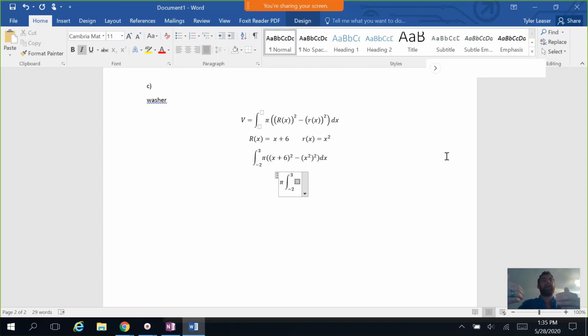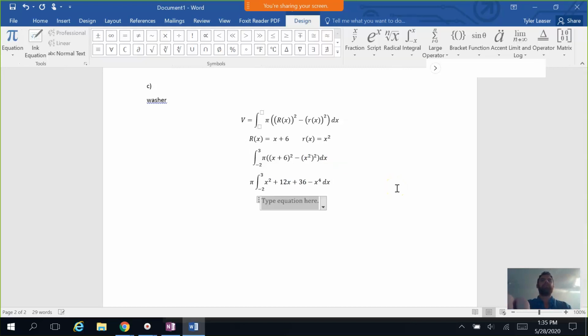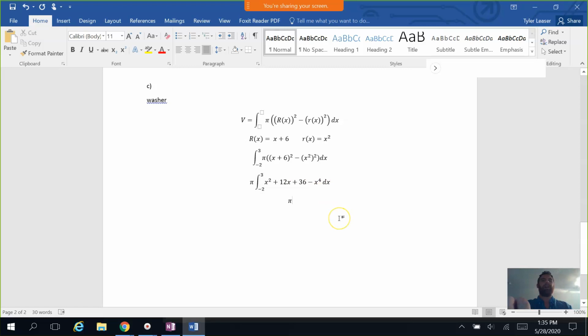So I'm going to pull the pi out of the integral. We're going to square x plus 6, which is x squared plus 12x plus 36. x squared squared is x to the 4th. There's nothing that we can combine here, so I'm just going to go ahead and do the antiderivative.